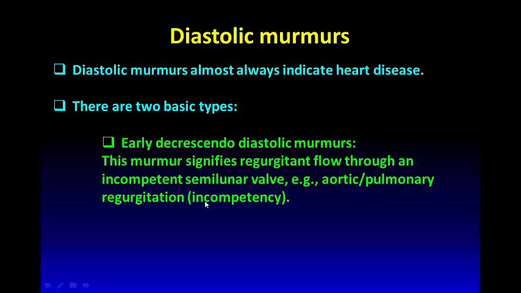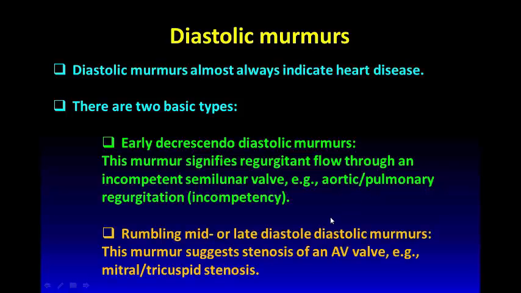The first is early decrescendo diastolic murmurs, which signify regurgitation of blood through an incompetent semilunar valve, and thus might be heard in cases of aortic incompetency or pulmonary incompetency.